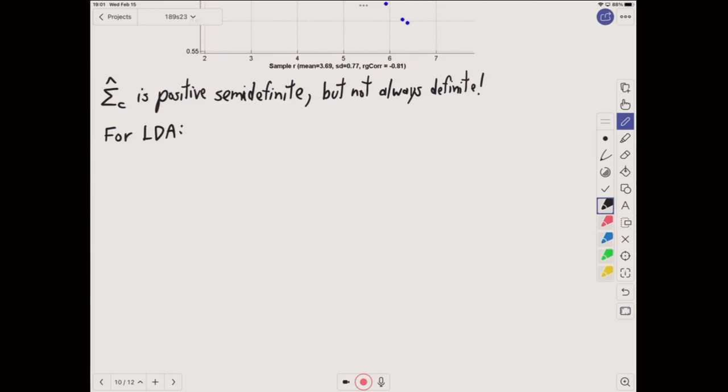So remember, with LDA, we are assuming that every class should have the same covariance matrix. So we just compute one covariance matrix for all the sample points, sort of. But it's not the standard covariance matrix for all the sample points. It is what's called a pooled within class covariance matrix. And that is an important distinction.